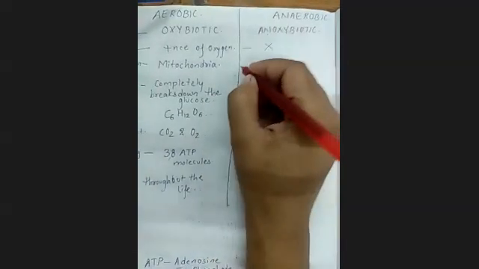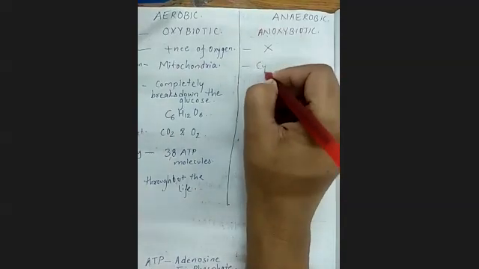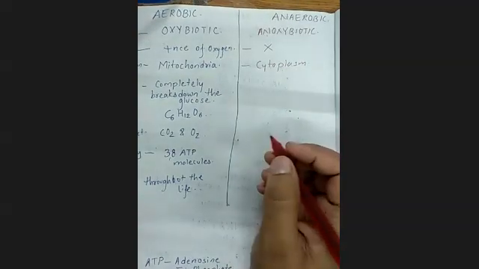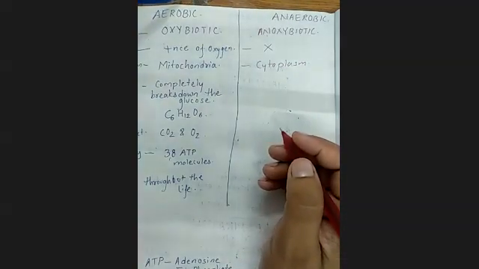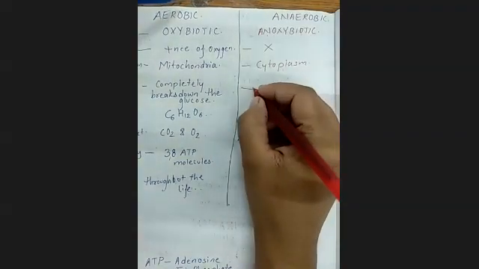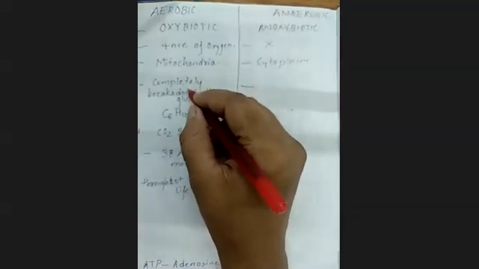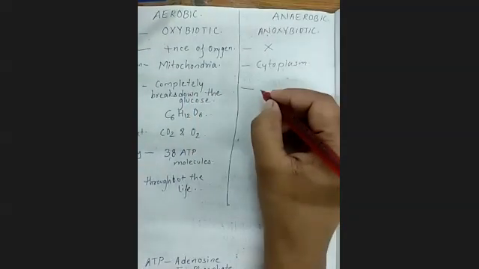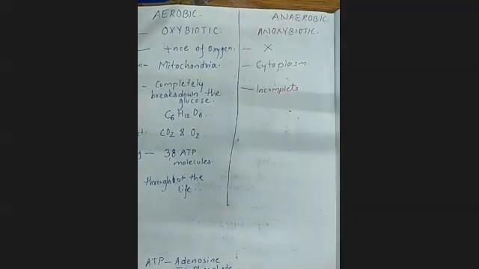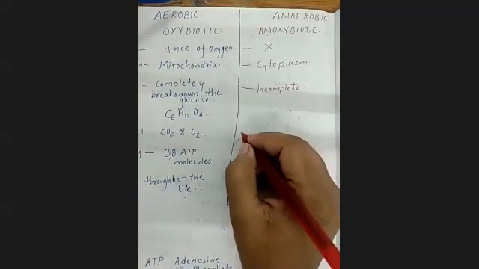Then you go for the location. It takes place in the cytoplasm. Then here, complete breakdown of glucose occurs in aerobic, while here it is incomplete. Then end products.